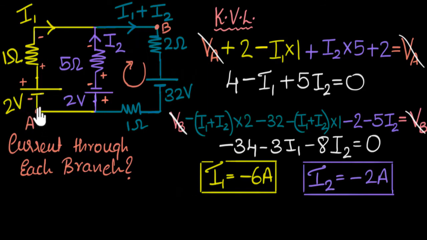I'm pretty sure you can work this out yourself, but you start over here, VA, you walk like this, and you'll get VA plus or minus something, and then you stop here, so that will equal VB. Then you do the algebra and find out what VA minus VB would be, and that will be the potential difference between these 2 points. And because you can choose any path you want, you can walk like this and reach here, you can walk like this and reach here, and in all cases, VA minus VB has to be the same. Great idea to confirm that.